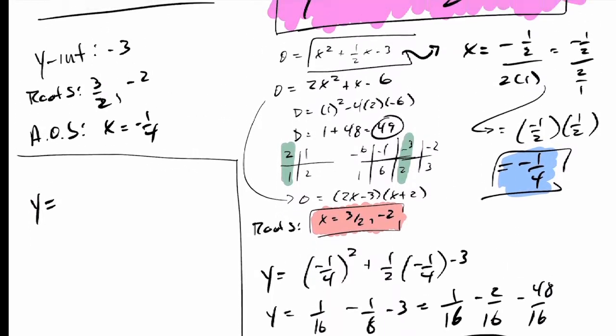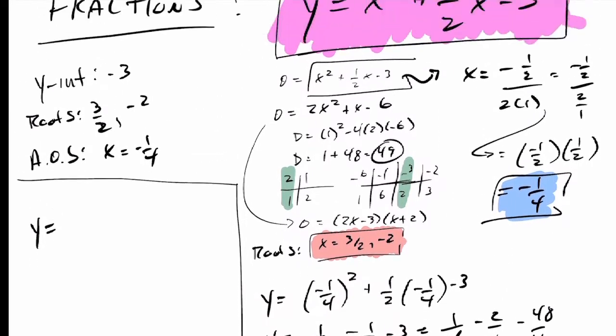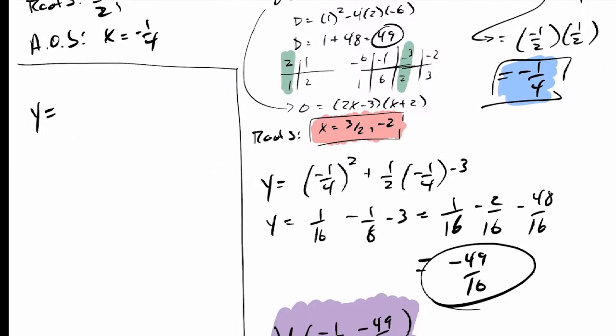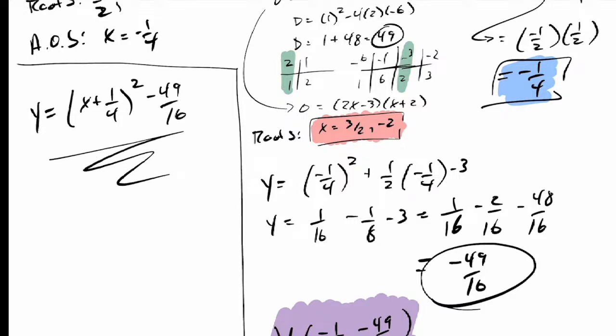So the y value here is going to be k. If I put this in vertex form, my a value is 1. So it'll be x plus 1/4 squared minus 49 over 16. All right, and that's my answer for this one.